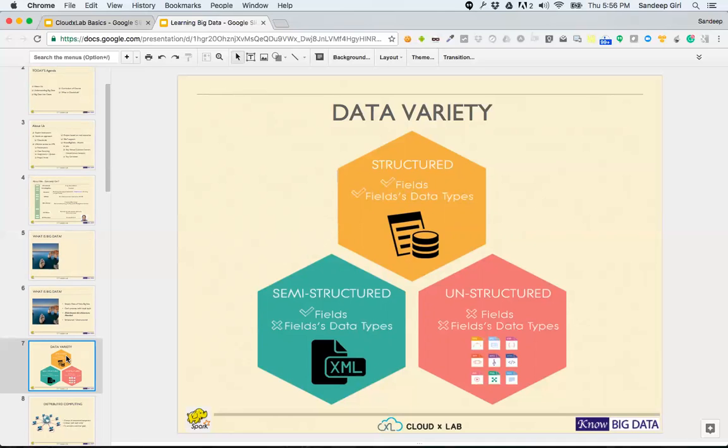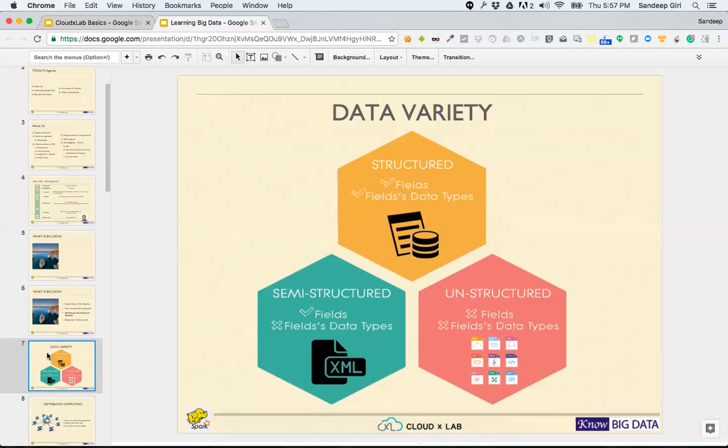Therefore, CSV or XML kind of data is known as semi-structured. Unstructured means we do not know right now about the fields in the data.